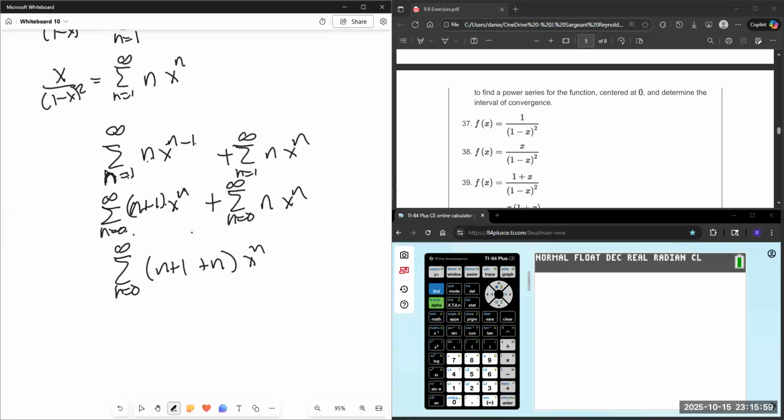So add your like terms here, n and n plus 1 will make n equals 0 to infinity of 2n plus 1, and keep the common power, base and power there of x to the n. And the absolute value of x is going to have to be less than 1 for my convergence here.